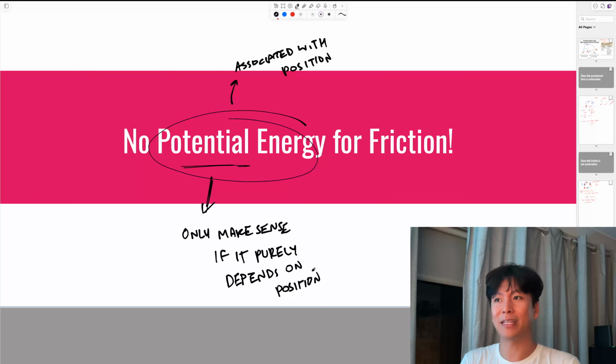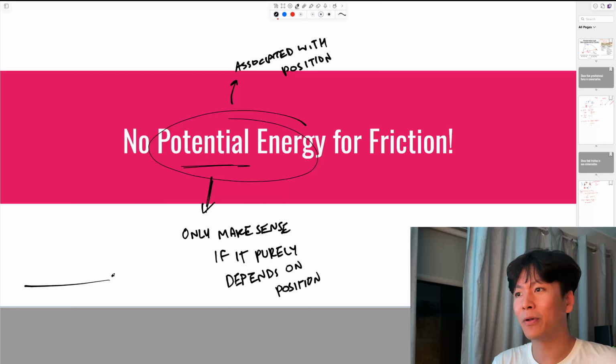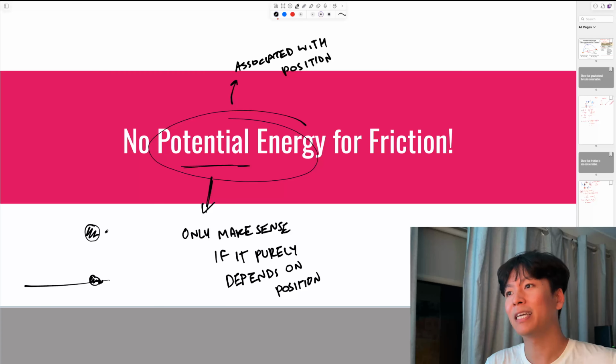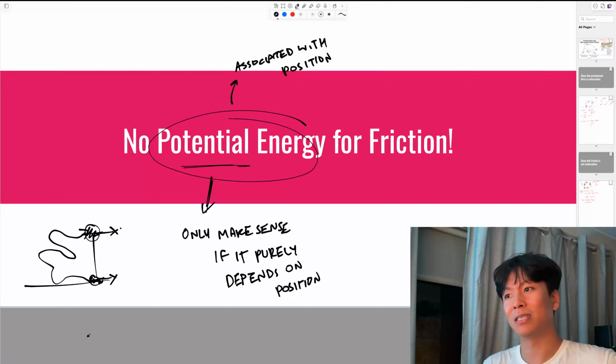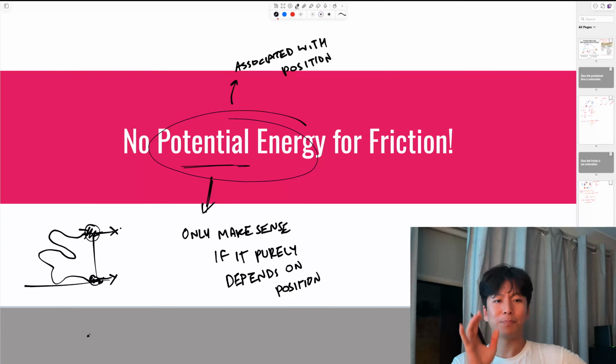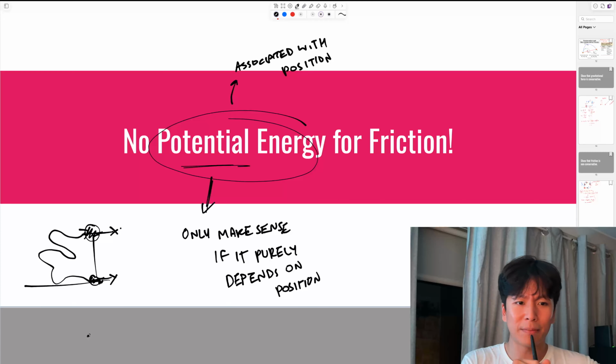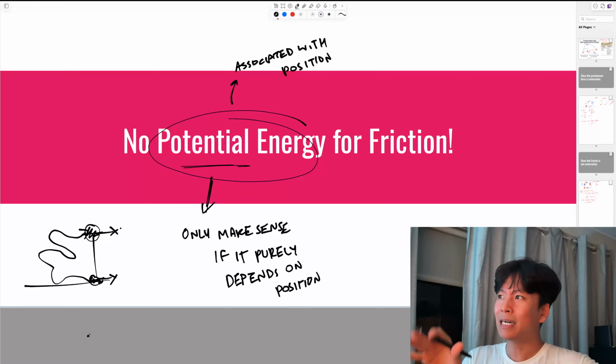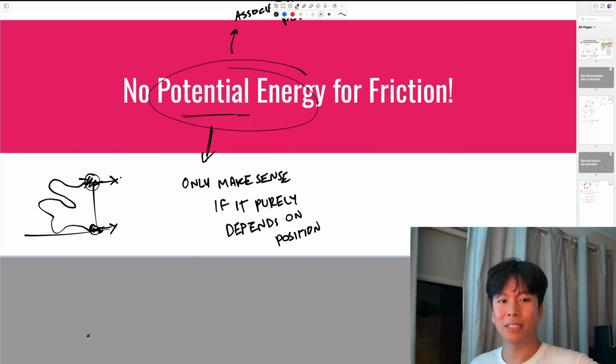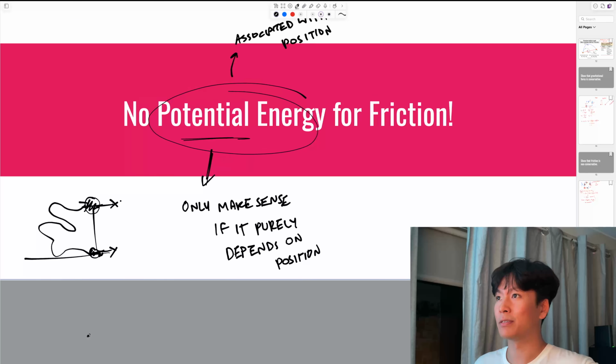Similar to gravitational potential energy. If I have a ball here, it has a certain amount of potential energy. If the ball is here, it has a certain amount of potential energy. It doesn't matter which path I take to get there. The potential energy is just dependent on the position itself. It's not dependent on the path. And so this idea cannot be done with a non-conservative force.